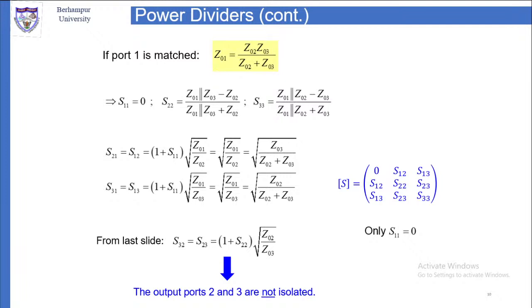Only S11 is equal to 0. The S matrix is reciprocal, but it is not matched at all ports. Only S11 is 0, so one port is matched, other ports are not matched. And we have found out the expressions for all these parameters.